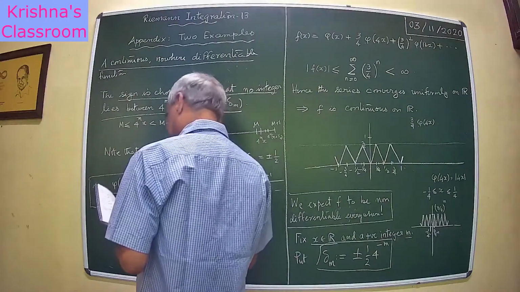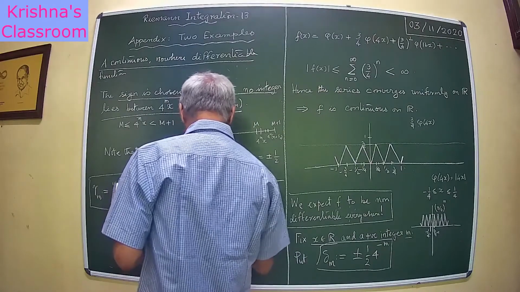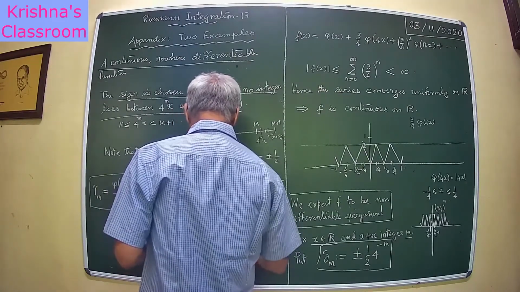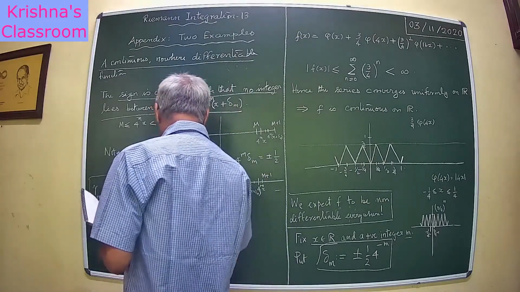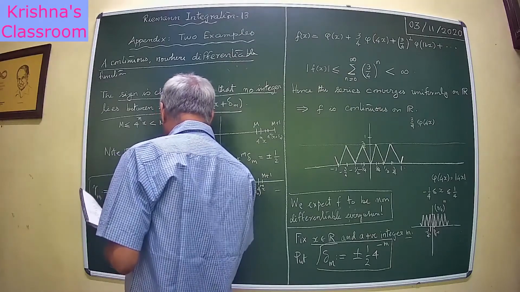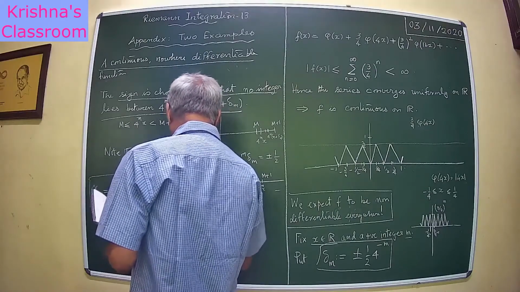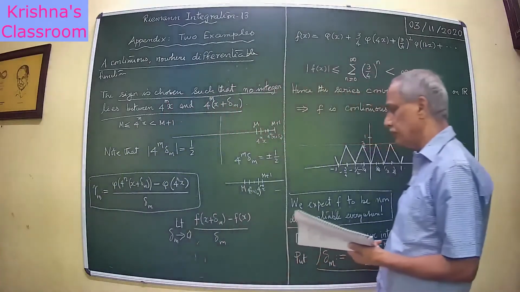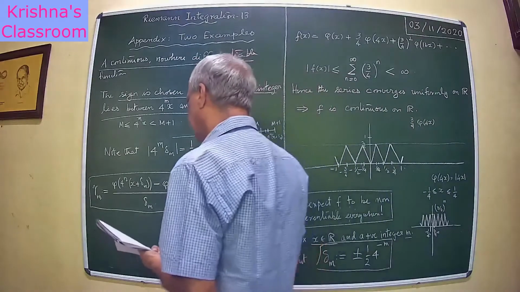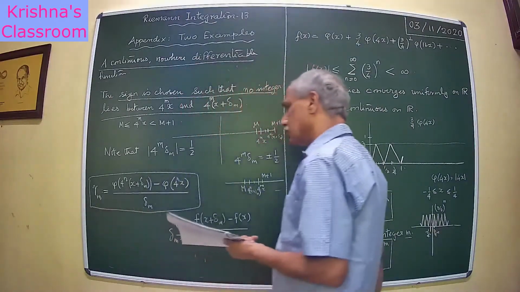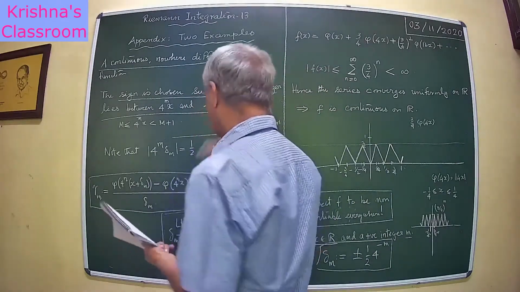Eventually we want to analyze this and look at it so that the derivative comes. If the limit exists, then the function is differentiable at x. If it does not exist, then of course it is not differentiable. So this is our strategy, and this is what we are going to explore.